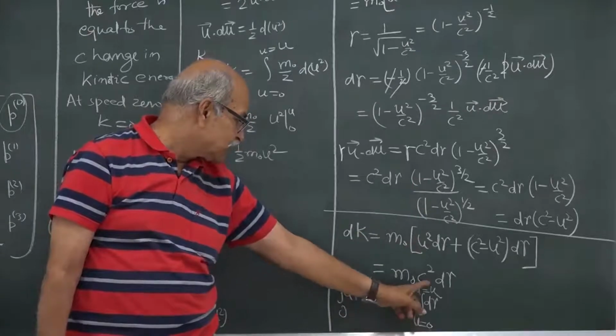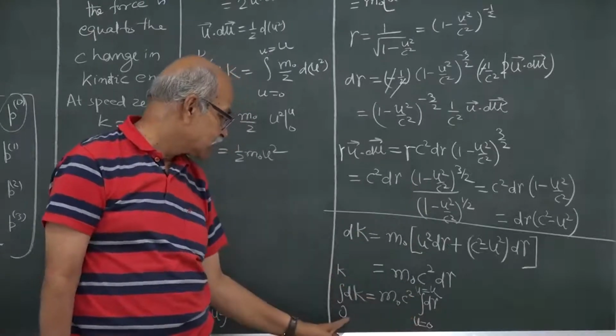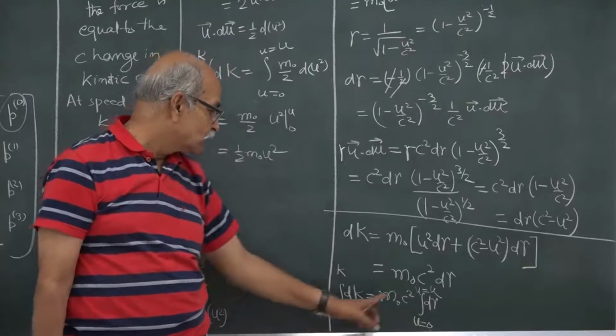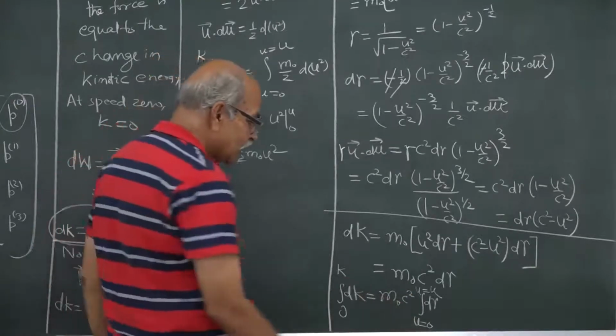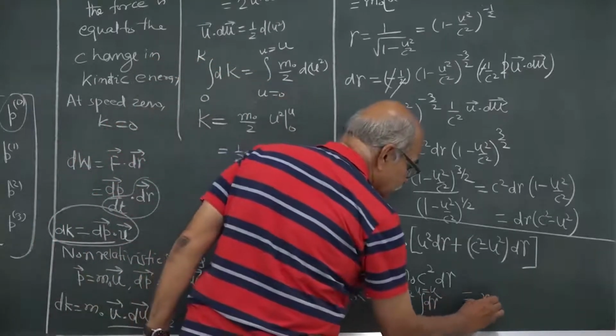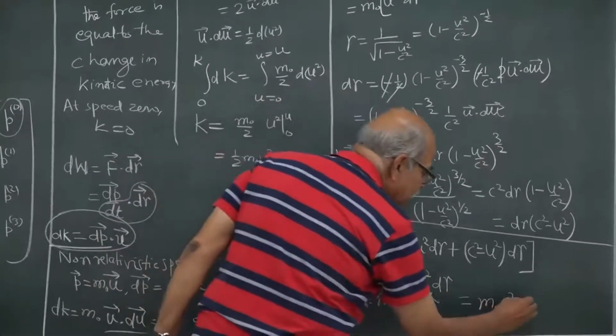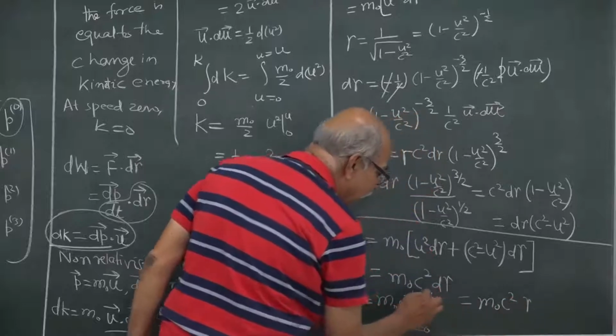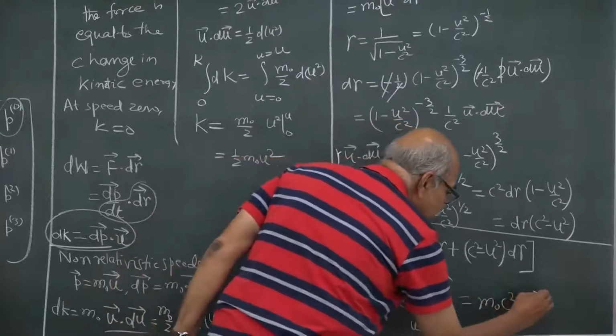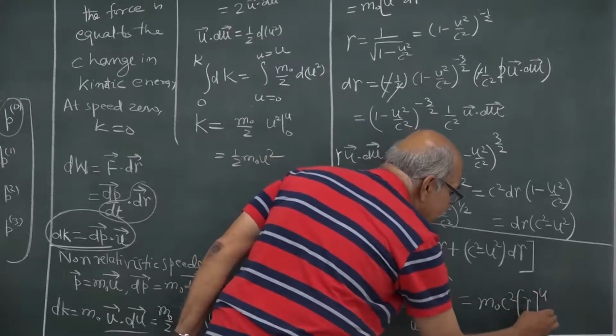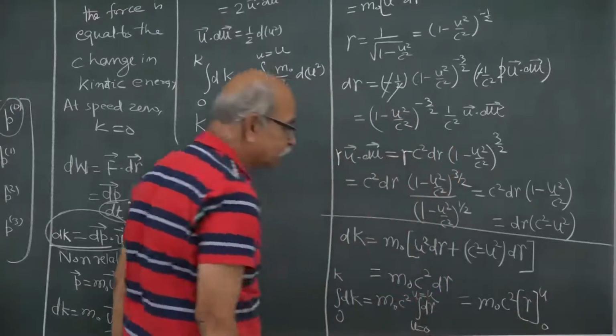So you have to integrate between these limits, and correspondingly kinetic energy is 0 here and k here, and therefore this is m naught c square, integration of d gamma is just gamma. So it is gamma at u equal to u and at u equal to 0.